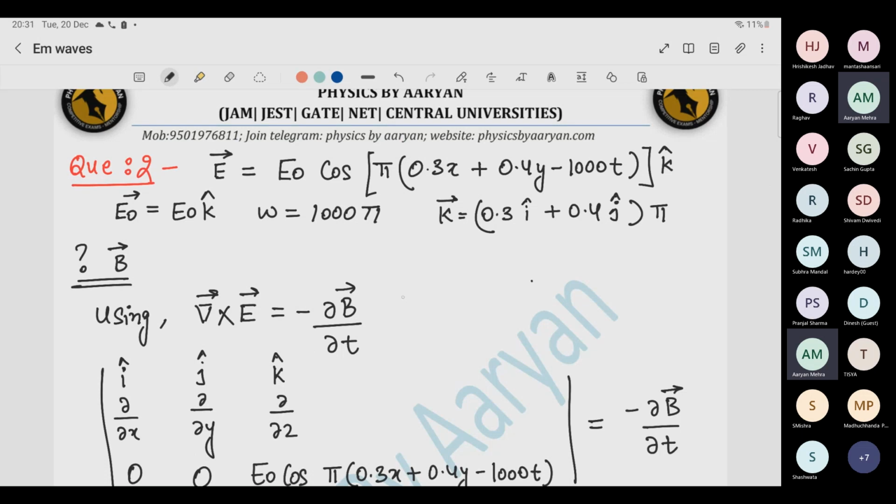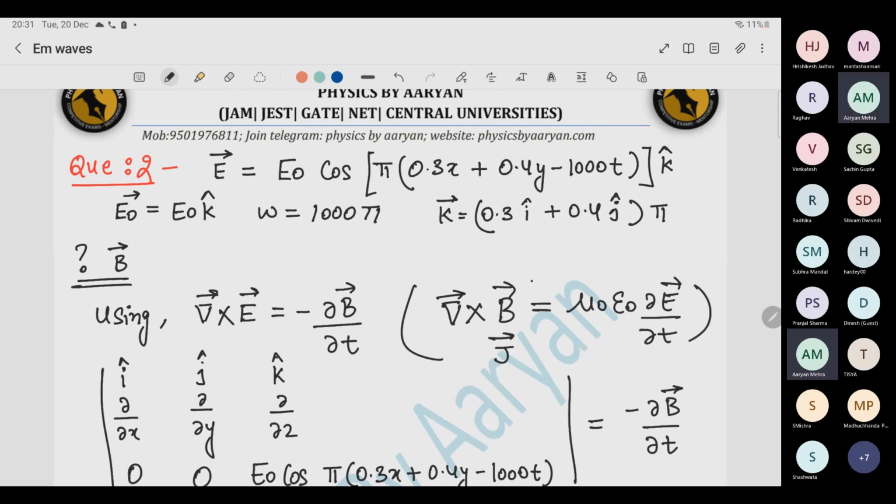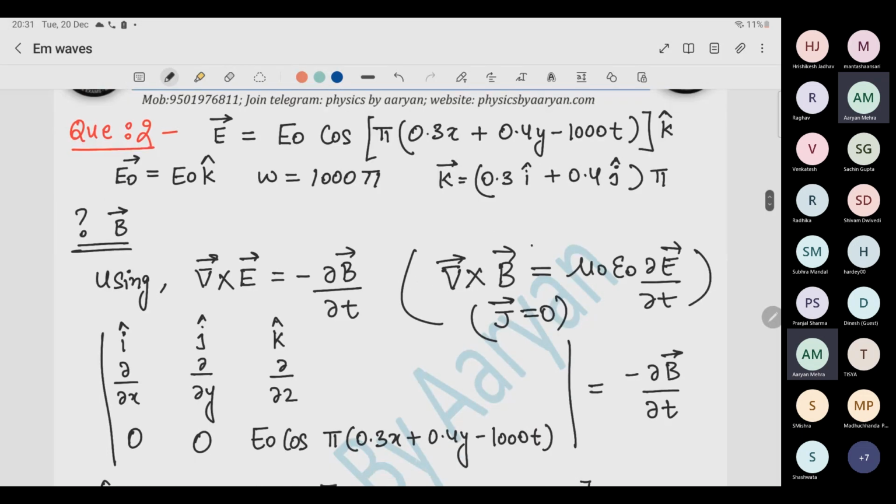And if the inverse is given, let's say you are given a magnetic field and you have to find the electric field, use this equation. This is Ampere's second law when the free charge density and current density are 0. So when the magnetic field is given, can anyone tell me why we can't use this equation in this case and vice versa?